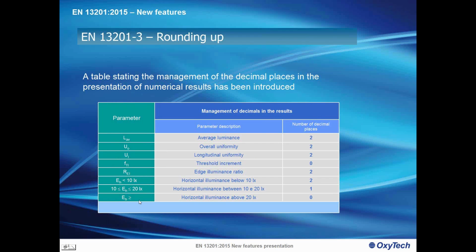And another interesting consideration was made on the horizontal illuminance. So if we have values below 10, we have to consider 2 decimals. It's then 1 decimal in between 10 and 20, and above 20, no decimal.